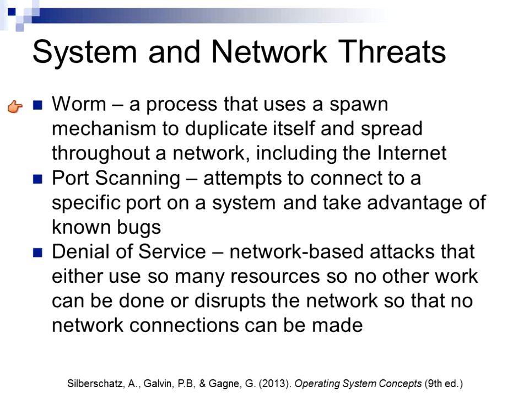Now, spawn is actually a system call on some systems that will allow a process to duplicate itself, kind of like we talked about the fork and exec and that kind of thing. But there is actually a system call called spawn.